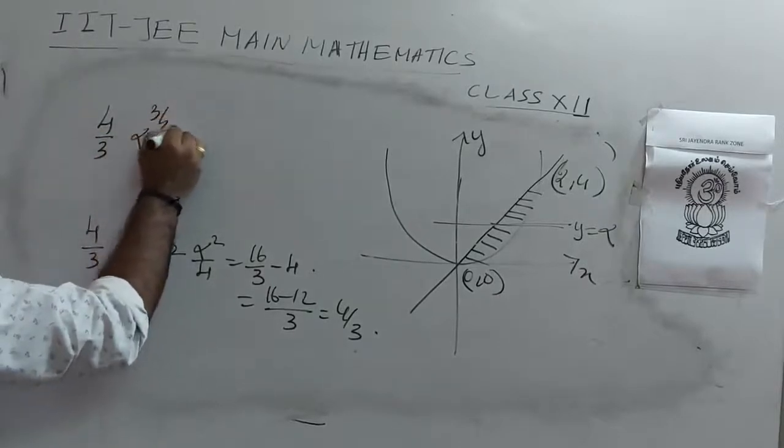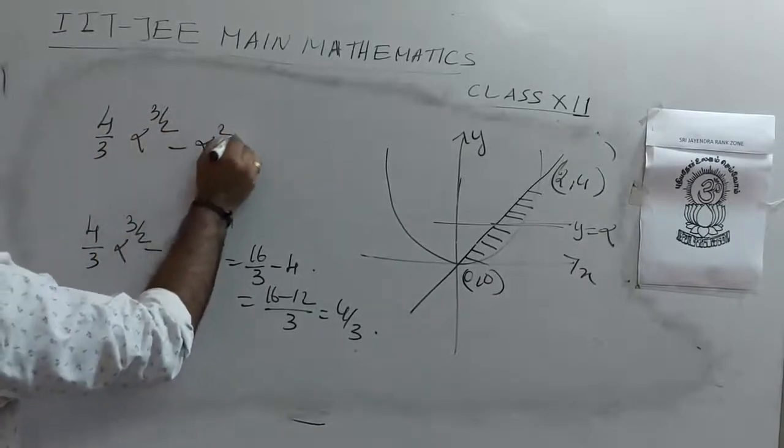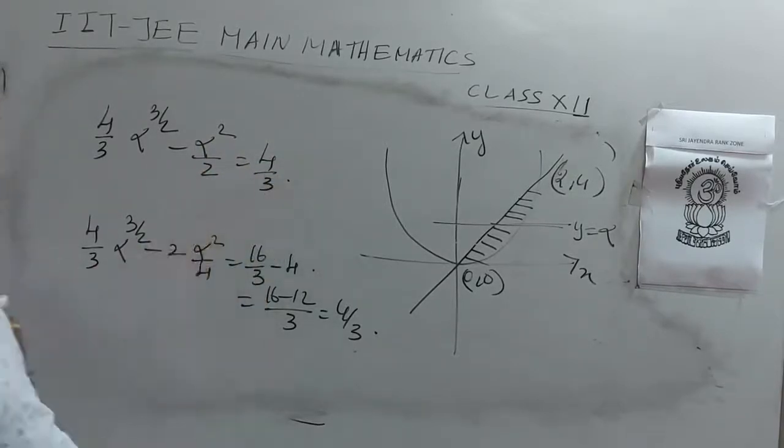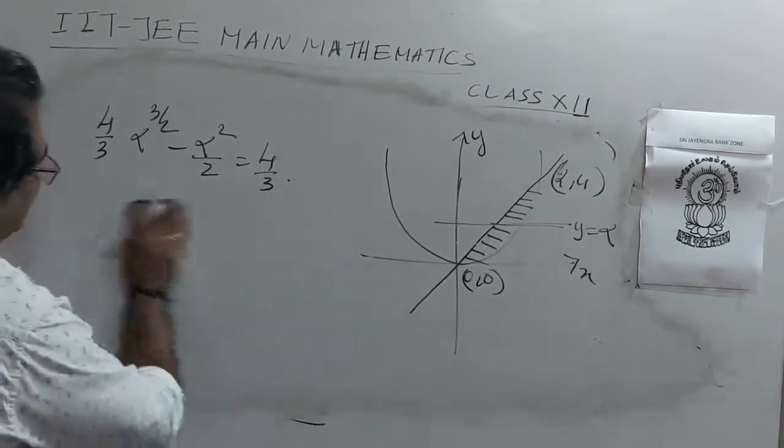So 4 by 3 alpha power 3 by 2 minus alpha square by 2 equal to 4 by 3.